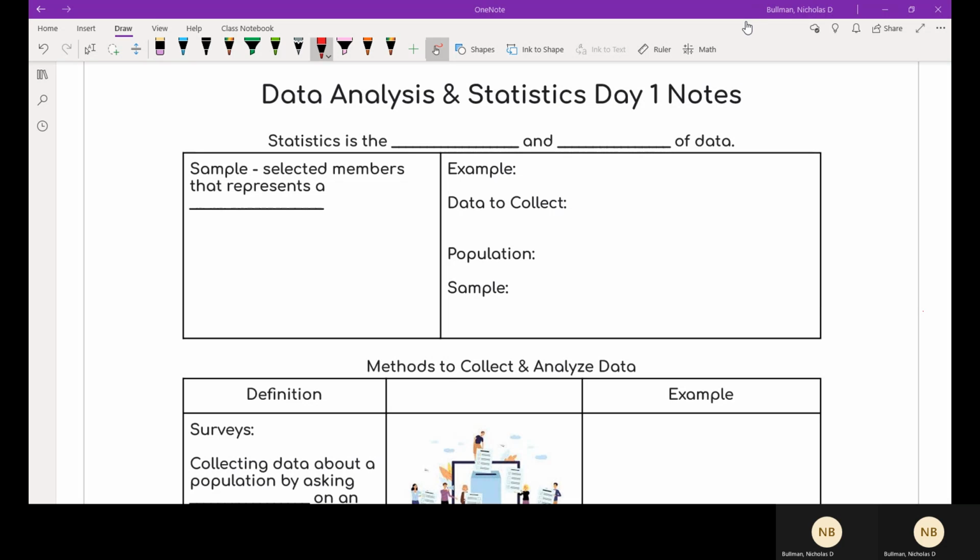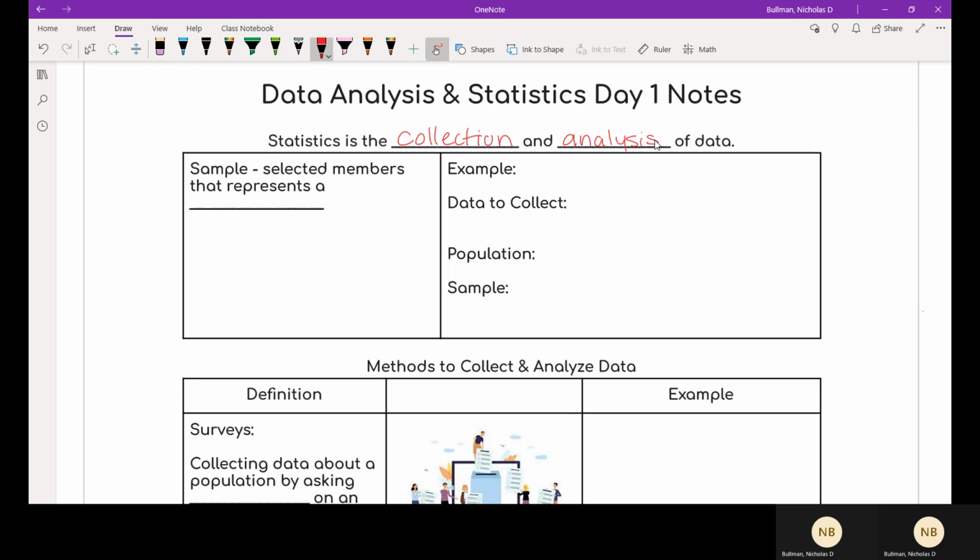So statistics is the collection and analysis of data. It happens in our daily lives, whether we know it or not.